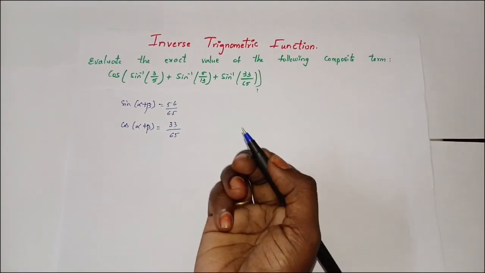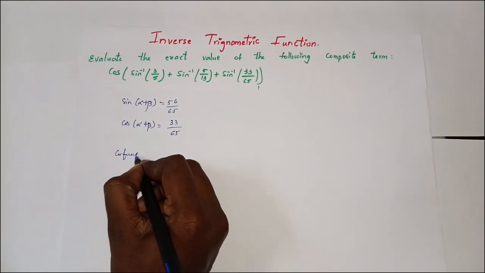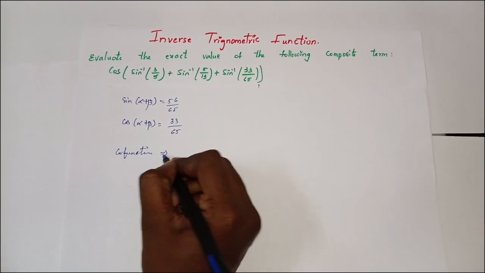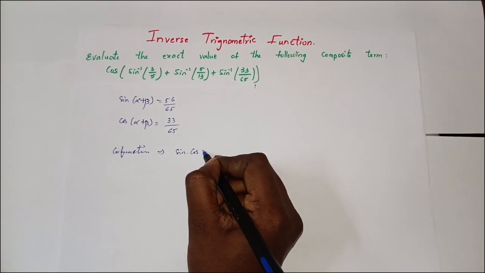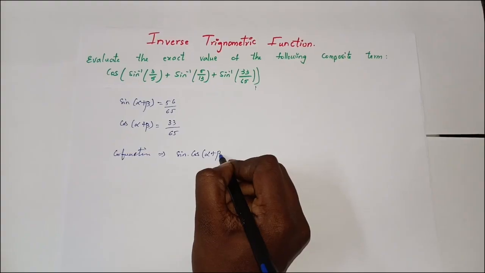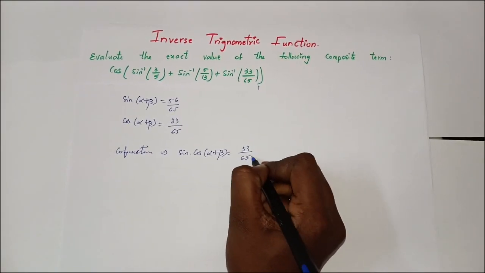By using the cofunction angle property, sine of pi by 2 minus alpha plus beta is cos of alpha plus beta, which is equal to 33 by 65.